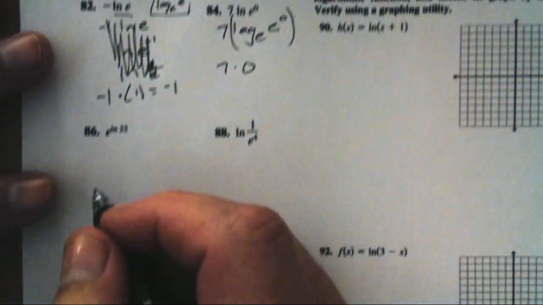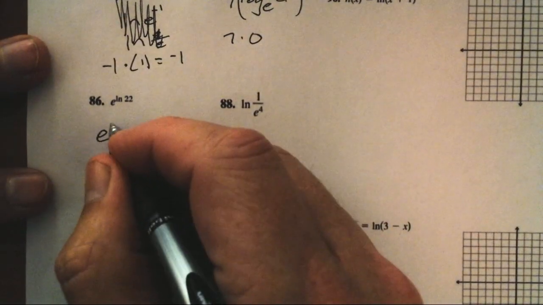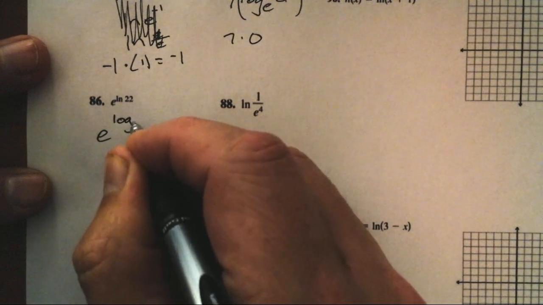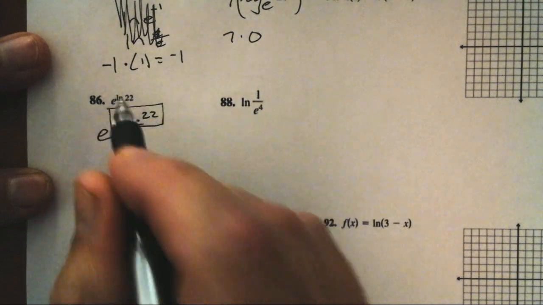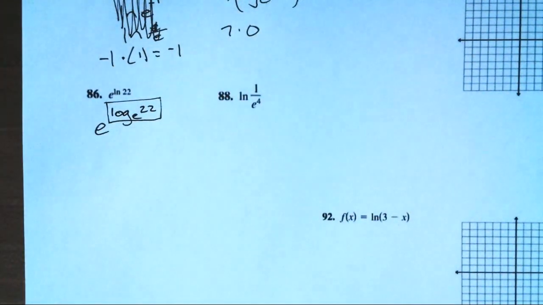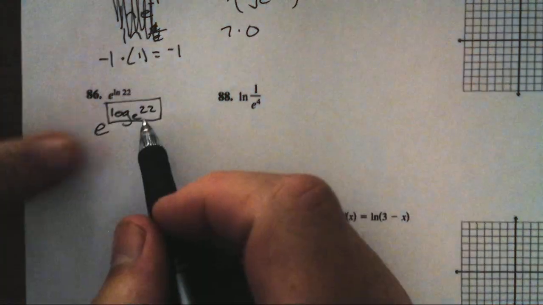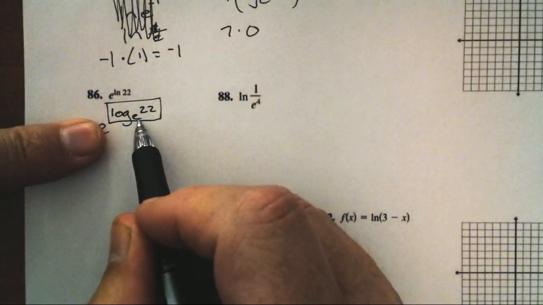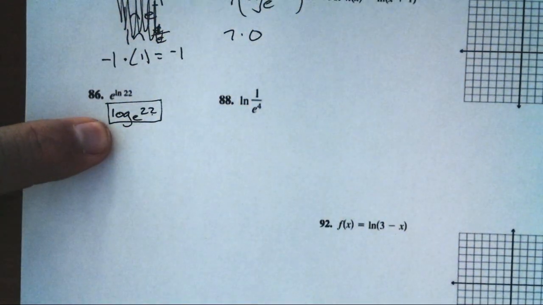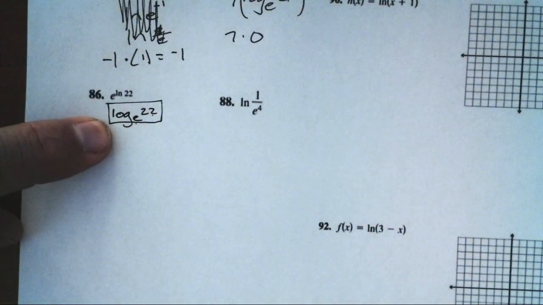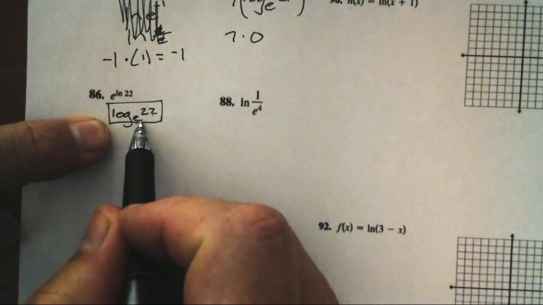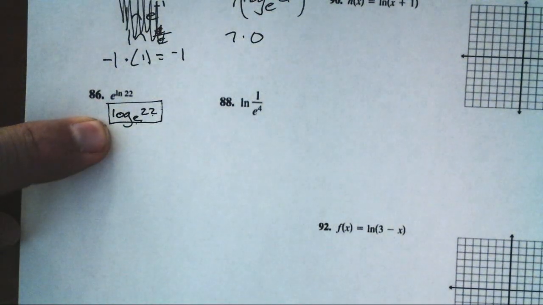Okay. All right. I'm going to think of this as log base e of 22. Again, I wouldn't normally do this, but we're just learning this. Read this the way I would. Yeah, we can say log base e of 22, but we can also say this is the exponent that turns e into 22. It's kind of like this guy's living its life for one purpose. My purpose in life is to be an exponent on e and turn it into 22.